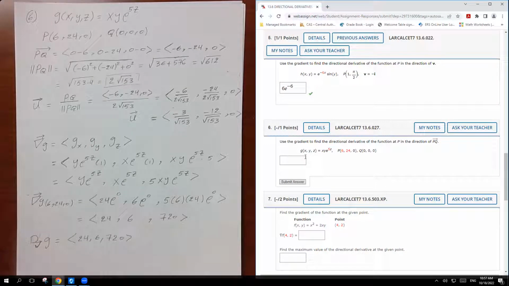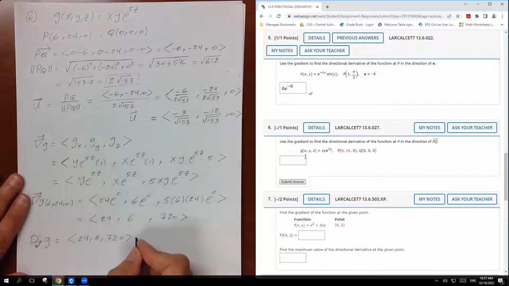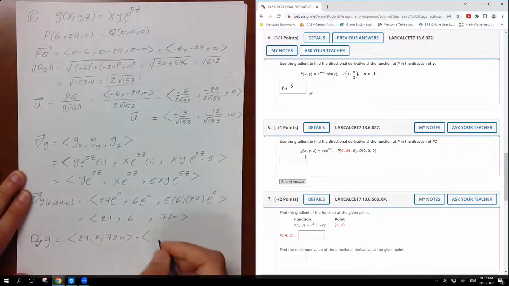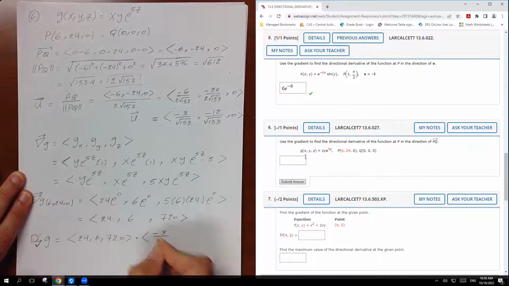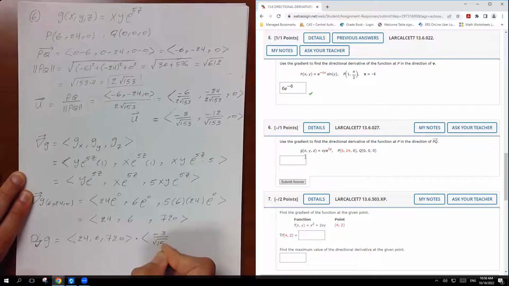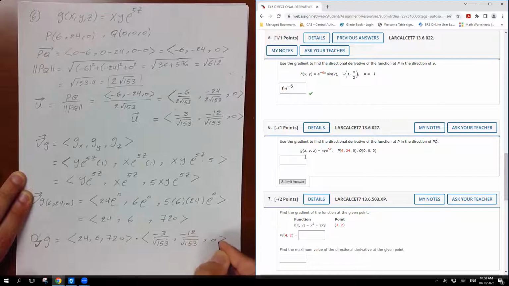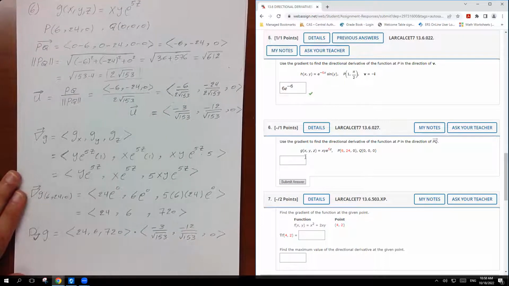I'm just checking: 6 times 5 times 24. Yes, 720, because it's a really big number. Times the dot product of our unit vector, which is -3 over square root of 153, -12 divided by square root of 153, and the last component is 0. It's a dot product, be careful.